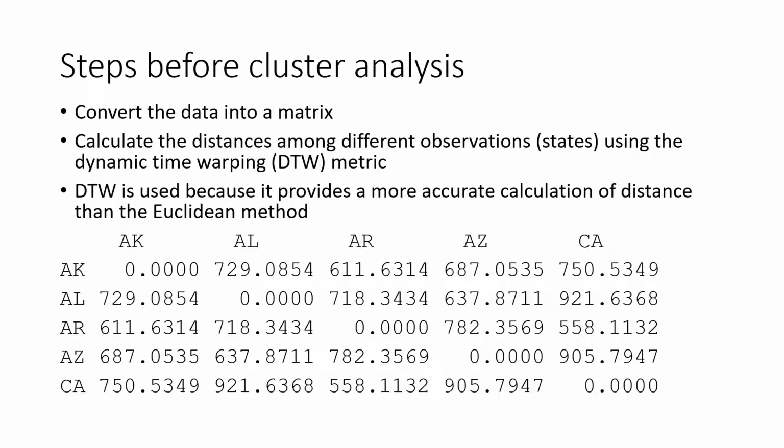The dynamic time warping metric is preferred over the Euclidean method because it's more accurate. And here is how the matrix looks with respect to the percentages of charge-off loans for the first 5 states. We don't have to print off the whole matrix.